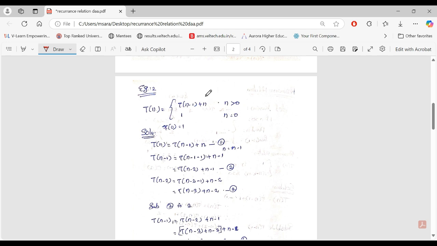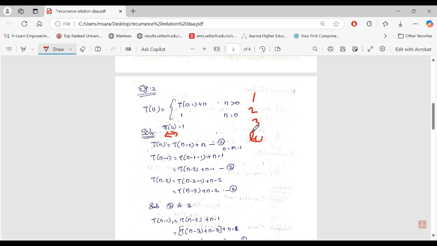This loop will be executing up to one time. That means the n value is given, and we subtract up to one. So here the base term is T of 0 equals 1. This is important. Substituting the third equation: for here, the first equation, the second equation, and the third equation we can find.